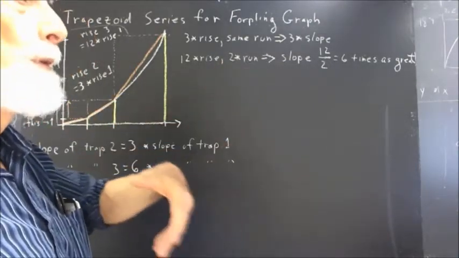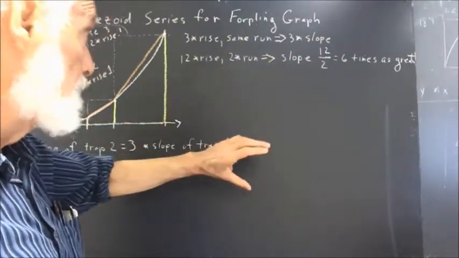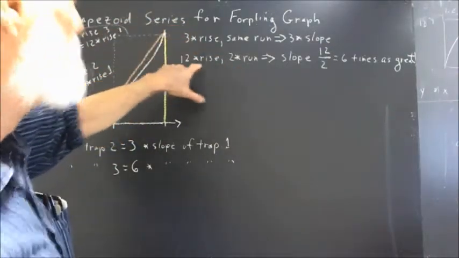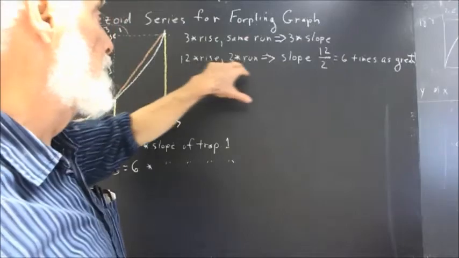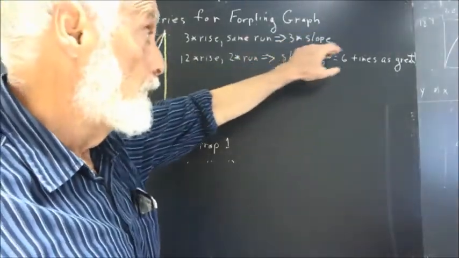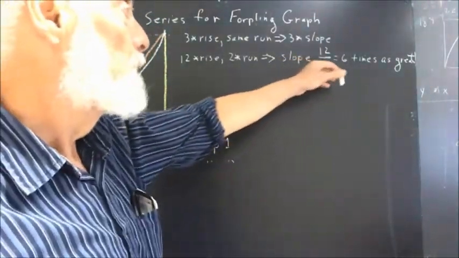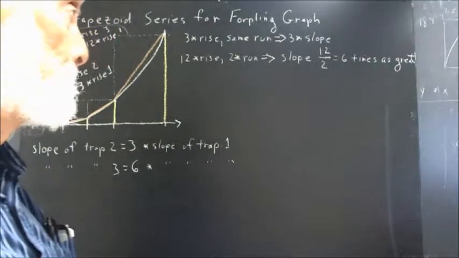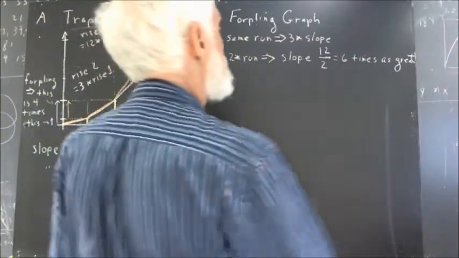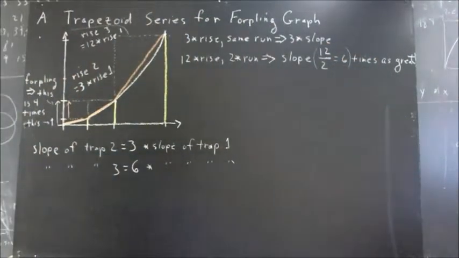If you divide a number that's 12 times as big as another by a number that's twice as big, the syntax in that statement isn't great, but if you're dividing 12 times the rise by double the run, then you're going to get 12 halves, 12 over 2, or 6 times as great as the slope. So the slope is 12/6, or 6 times as great. Put parentheses around that so we know what's equal to what.